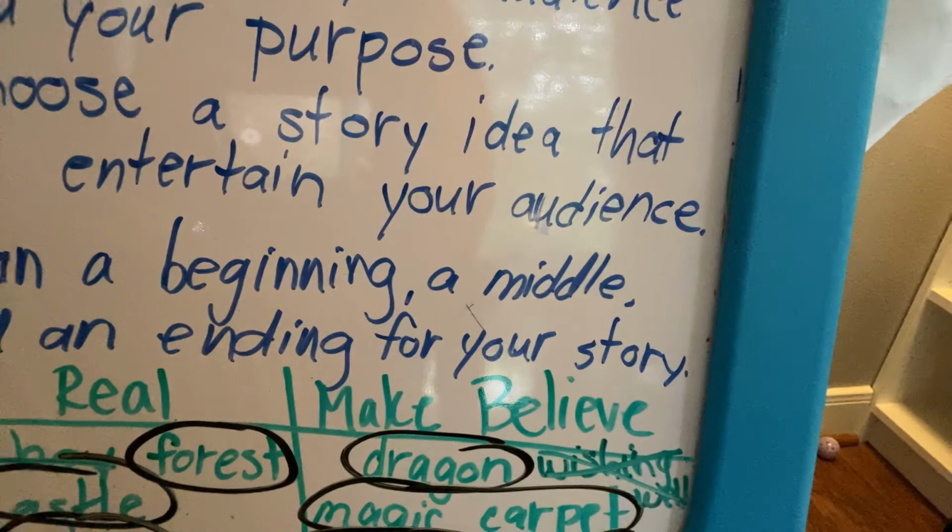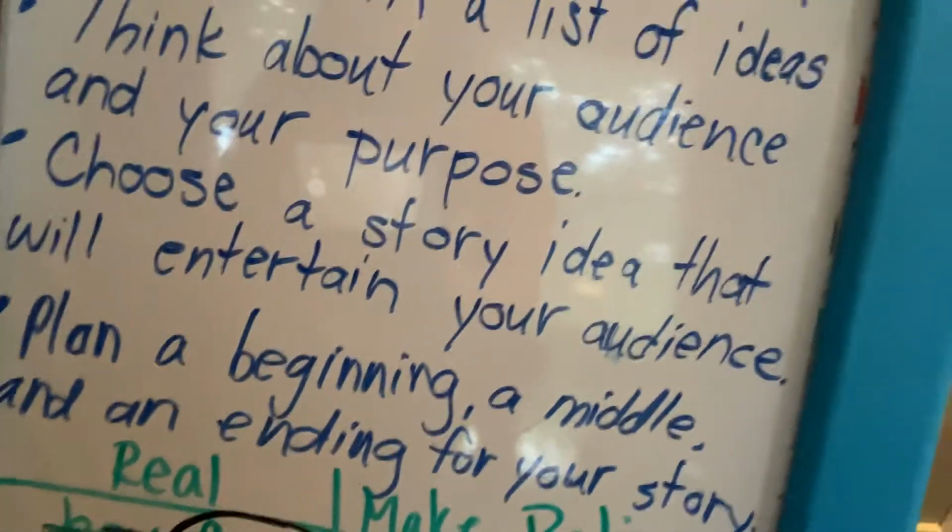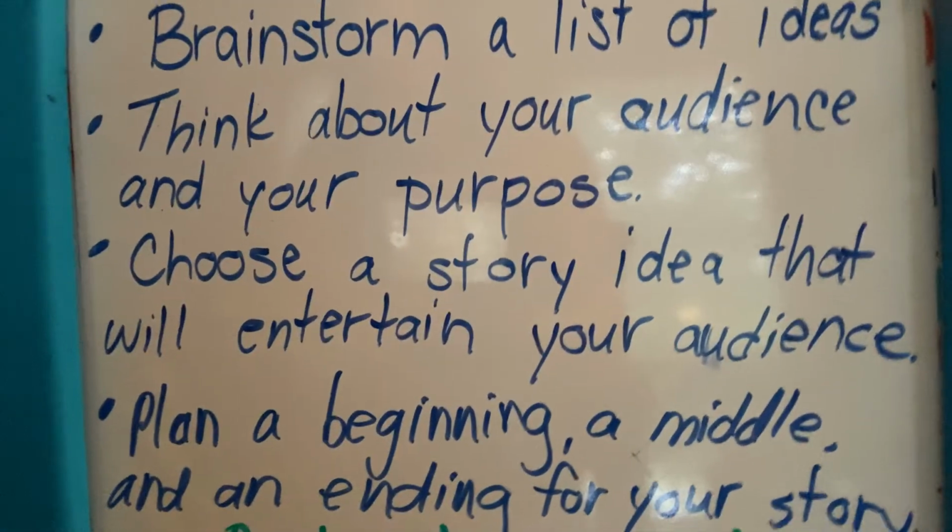So what I want you to do is come up with a topic that you would like to write a story about, and then you can make a list, like Philip did.